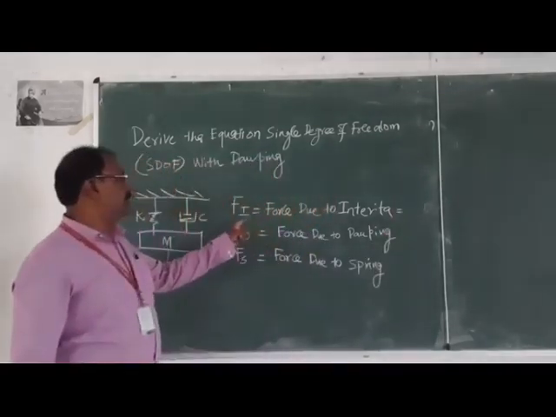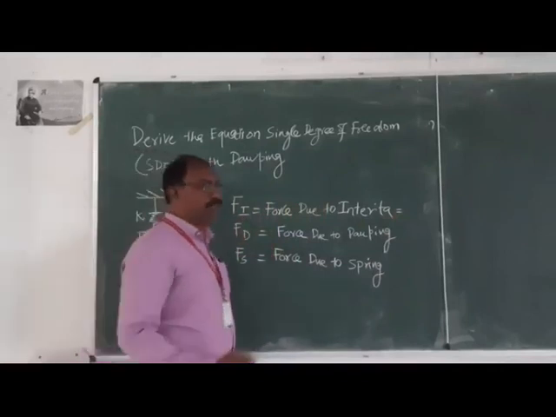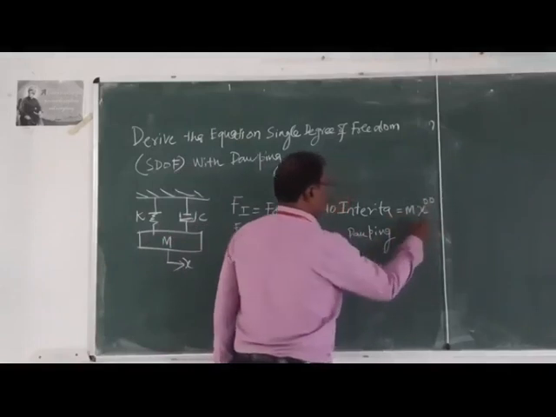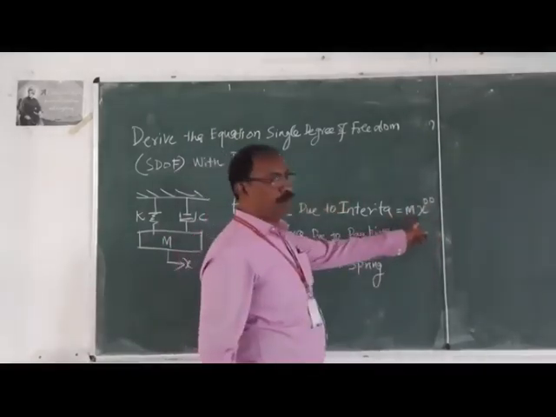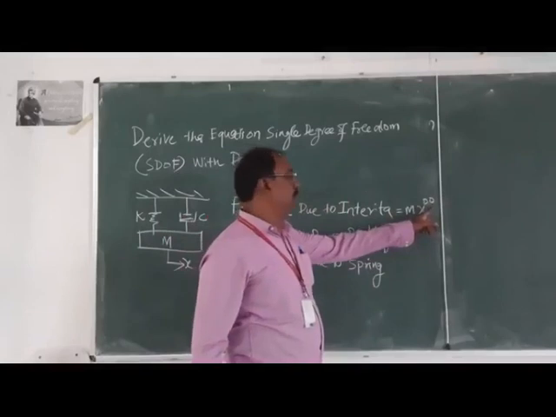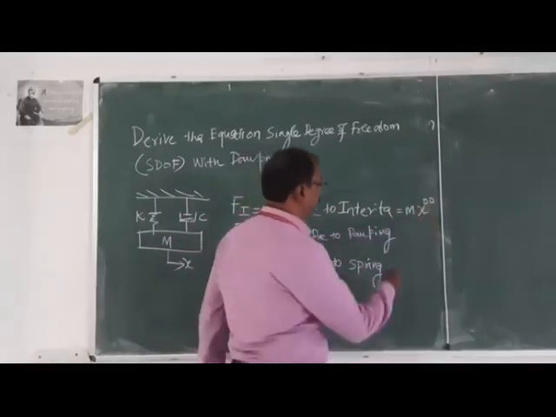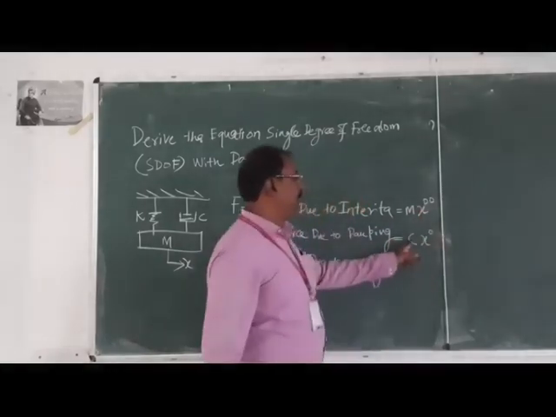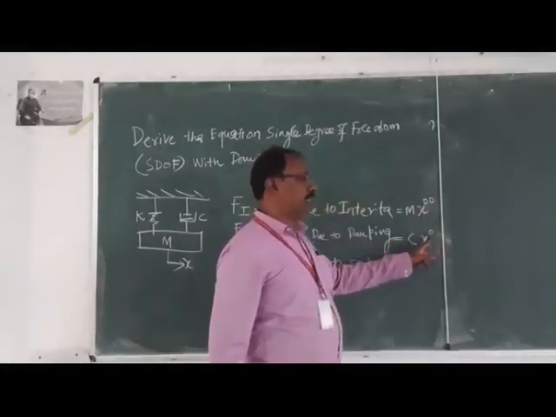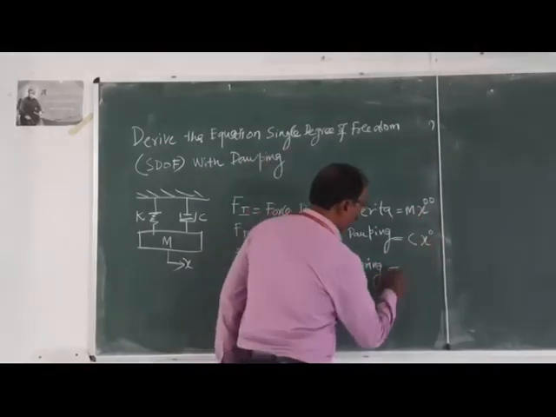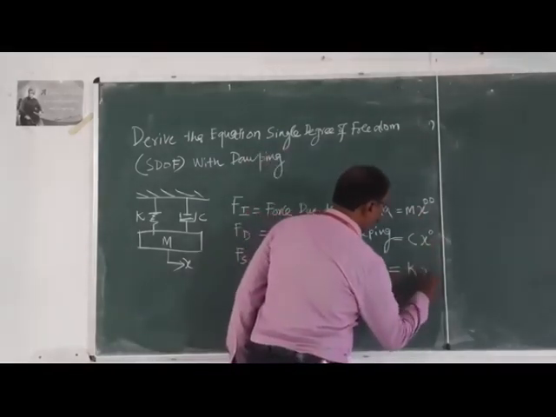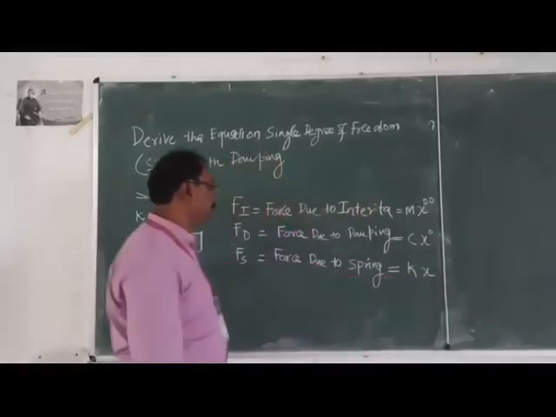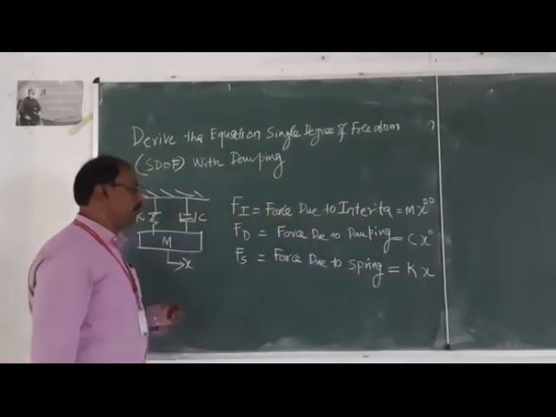Force due to the inertia, as in the last derivation, we used small m x double dash, which is acceleration. Another one is c, coefficient of damping, x dot, which is velocity. Another one is k into x, which is displacement. This we already know.